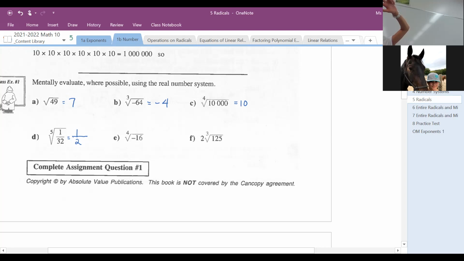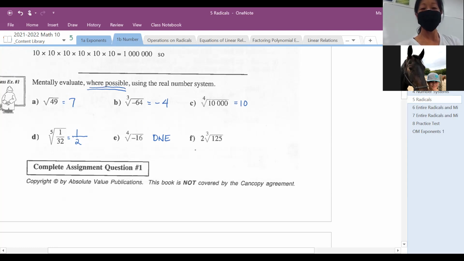Positive, times negative 2, negative. Negative times negative, back to positive. Right? With 4 negatives, it's going to be positive, so this does not exist. Okay, and look at this. They were sneaky. They said, evaluate where possible. This one is not possible, does not exist.